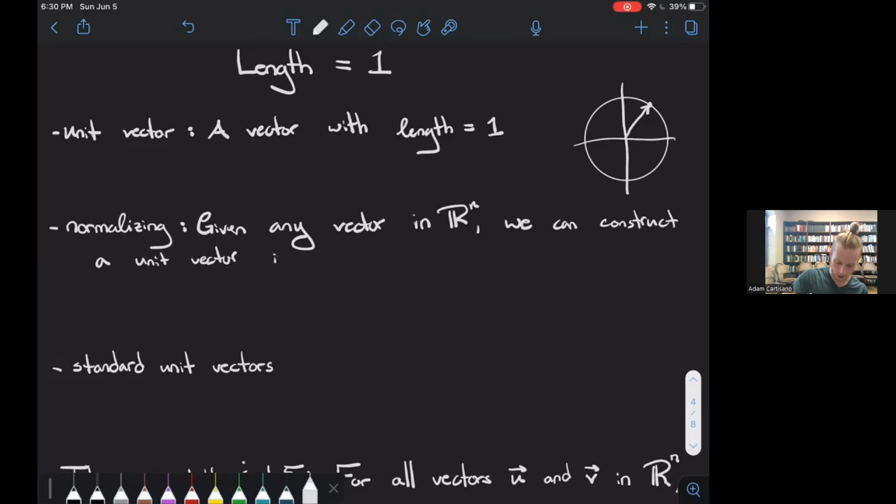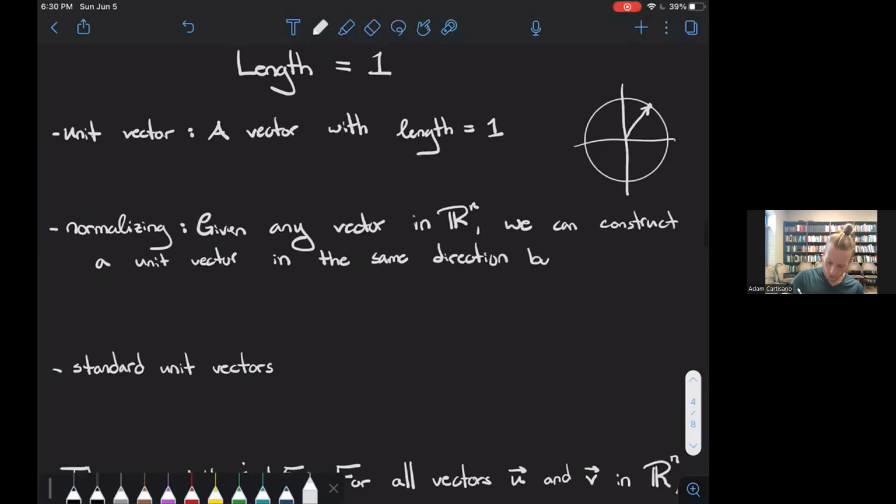Unit vector in the same direction. Okay? By dividing each component by the norm of that vector. I'll just say by dividing through by the norm.